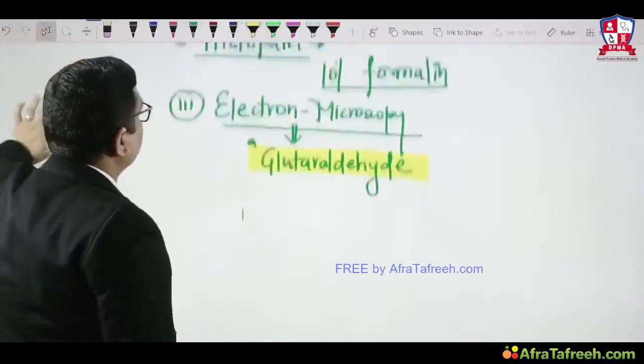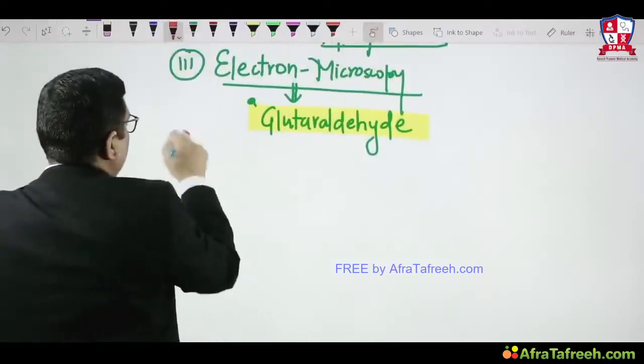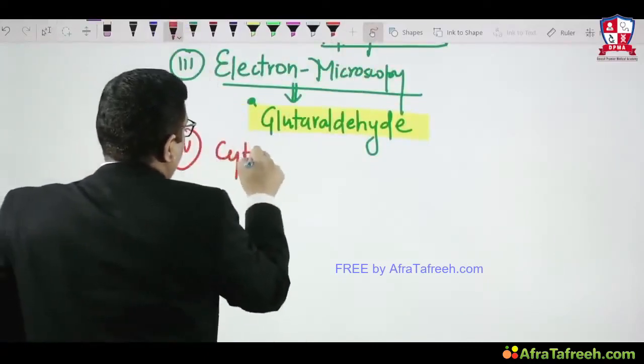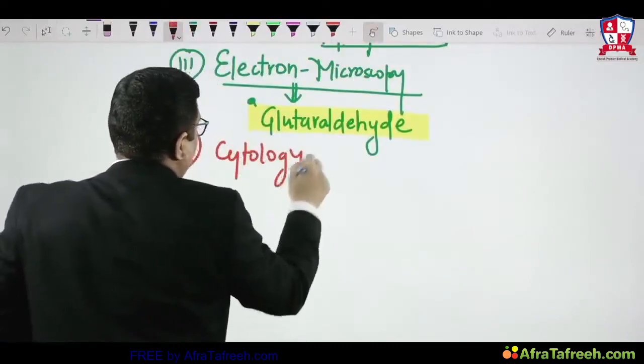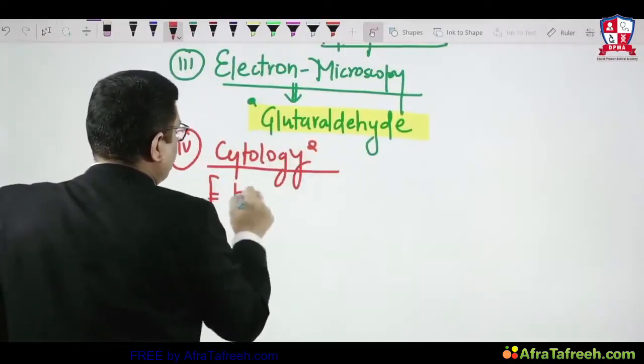Now coming to another previous year AIIMS question. The question was, what is the ideal fixative for cytological preparation? For cytology, the examiner may ask in terms of a pap smear.